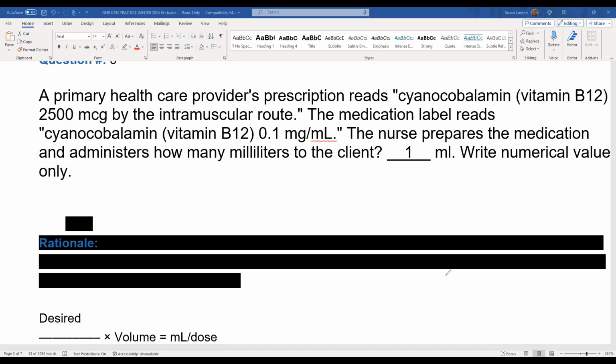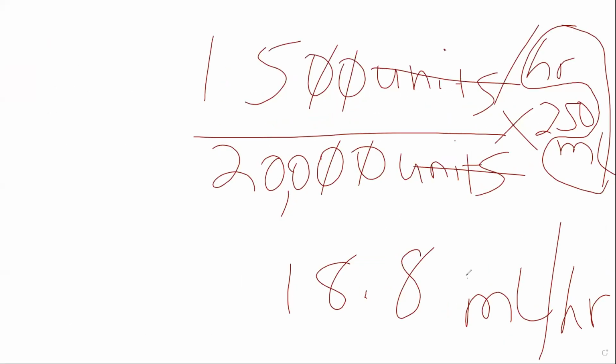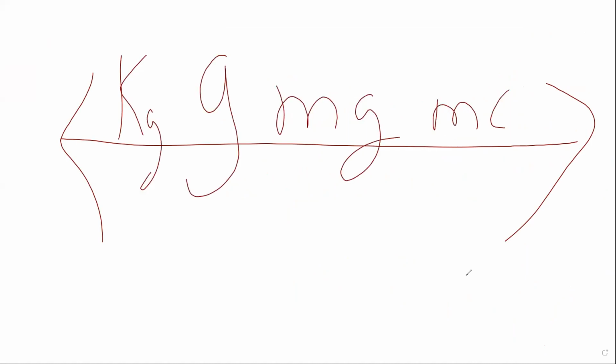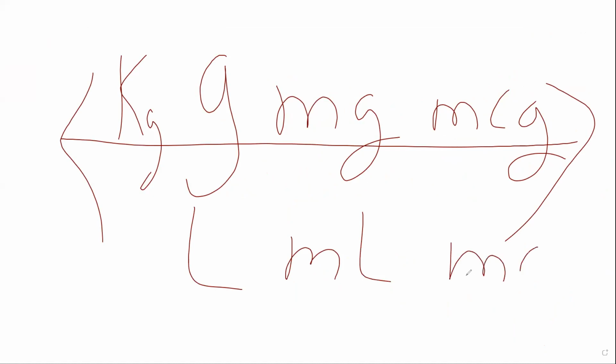Here's your scale. I don't care if it's one time I put microliters on the test and people freaked out. I'm like, why? Okay, you got kilograms, grams, milligrams, micrograms, okay? The same thing, right? Liters, milliliters, microliters, it's all the same. Kiloliters.